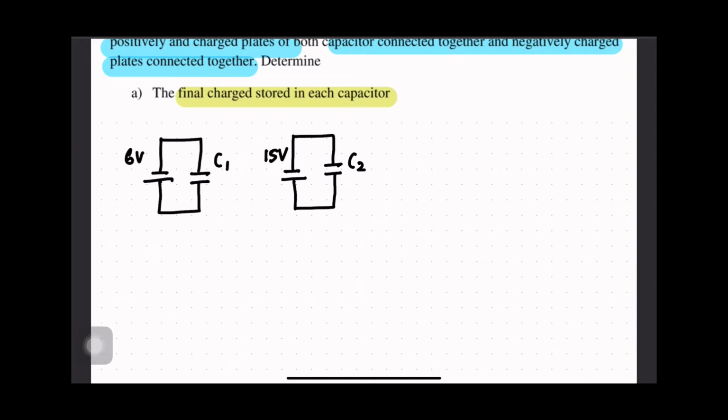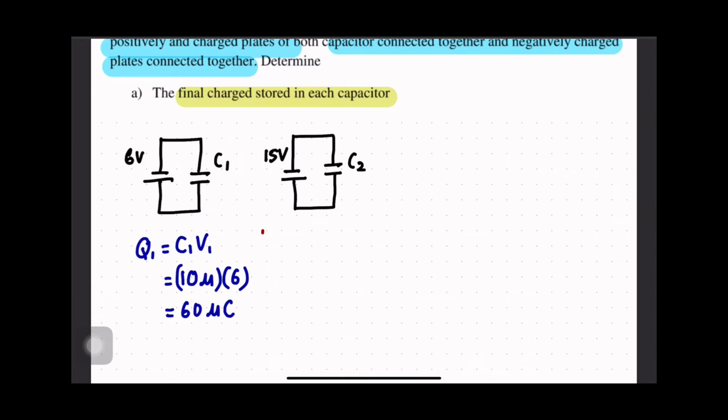Okay, for this Q1 is equal to C1V1, V1 lah sebab dia each by each voltage kan. So C1 is 10 micro times V1 is 6. So 60 microcoulomb. Okay, next.